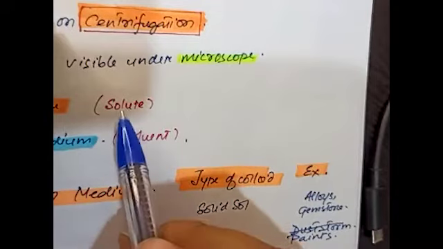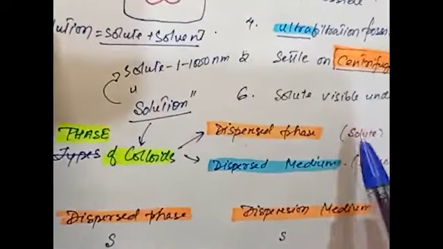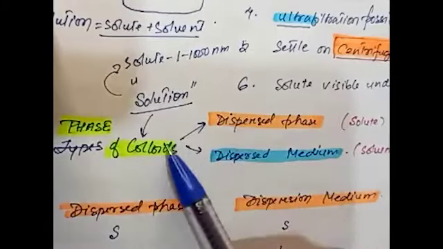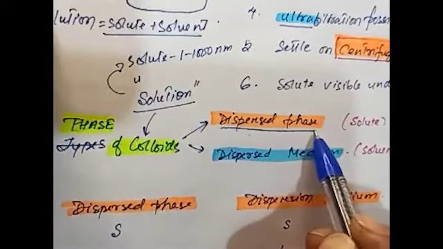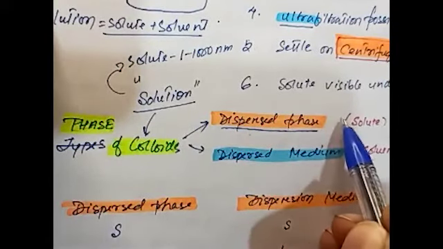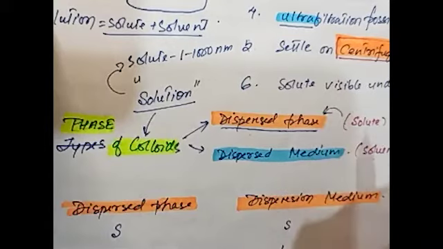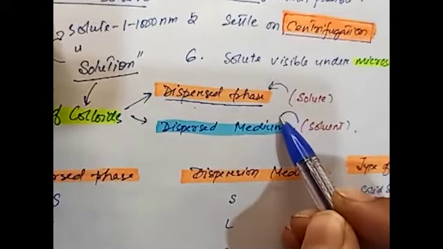Solute plus solvent together make a solution. Similarly, since a colloid is a type of solution, it should also have two parts, the solute and the solvent. When you see them in colloids, they are not known as solute but as the dispersed phase. The solute is known as the dispersed phase, and the solvent in case of colloids is known as the dispersion medium.